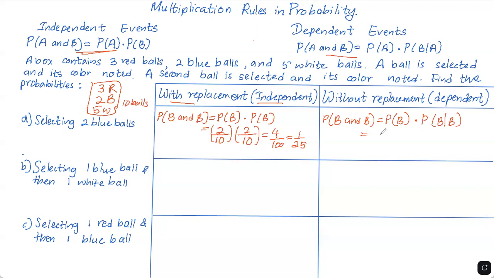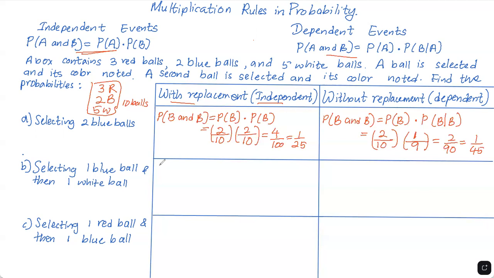Initially we have 10 balls and there are 2 blue balls, so the probability of the first ball is 2 over 10. But in this case, without replacement, we don't replace the first ball, so you have a total of 9 balls in the box and only 1 blue ball. So this is 2 over 90, which is 1 over 45.